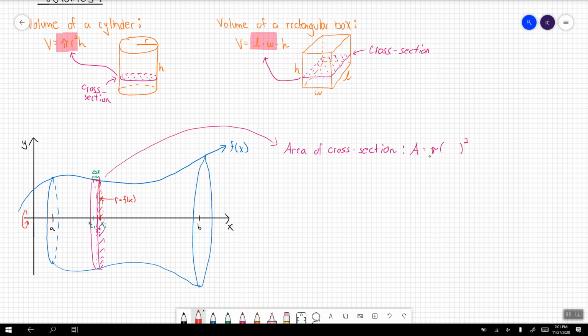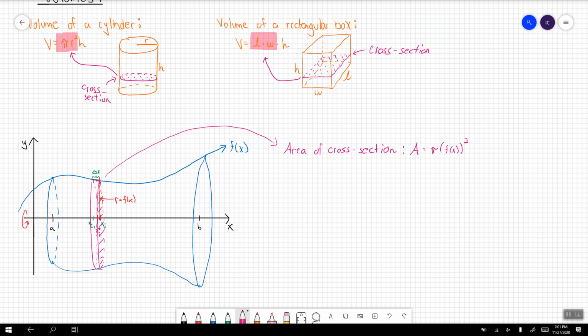Therefore, when we want to find the area of that cross section, all we need to do is take pi times the radius squared, but the radius is the function that we're rotating. So we're looking at this.